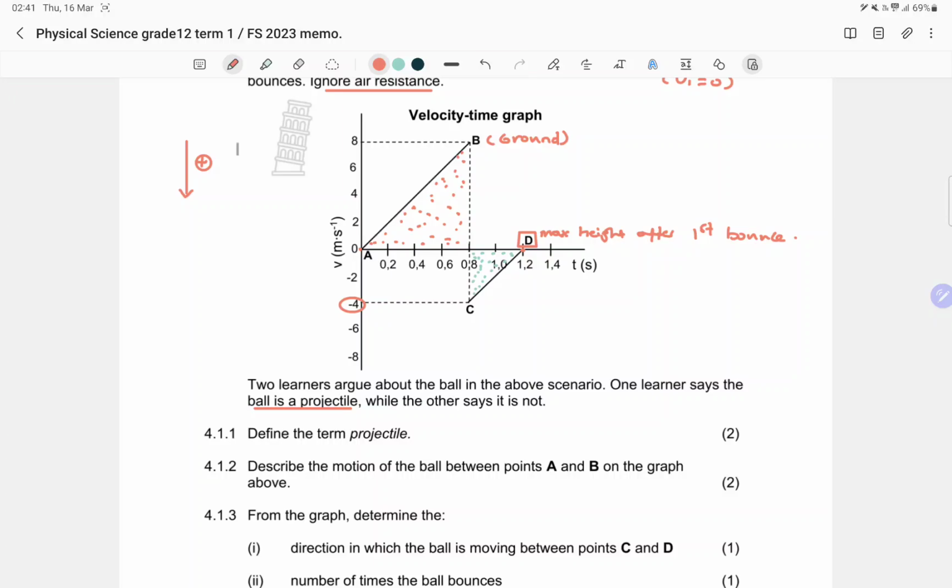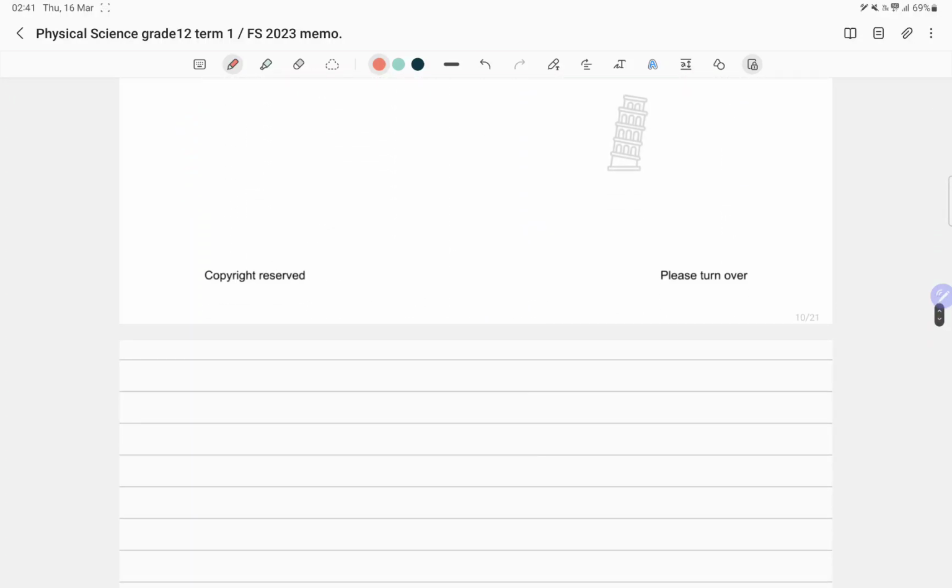The other one says it is not, and this one is definitely true. Why? There was no initial velocity given before it undergoes free fall. Yes.